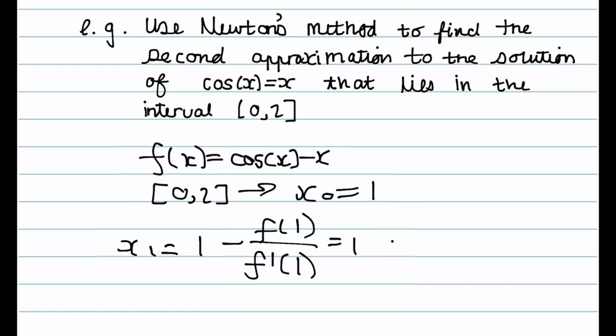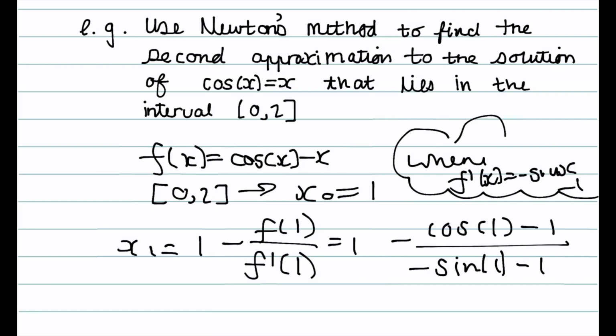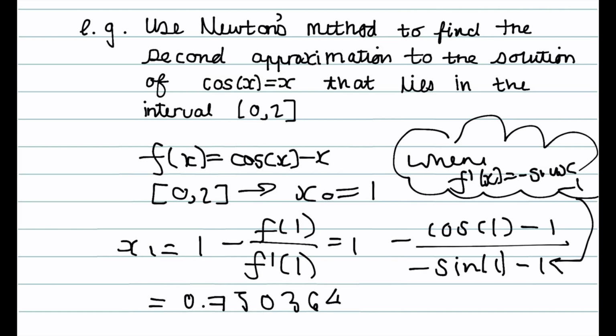This will be equal to 1 minus (cos 1 minus 1) all over (minus sin 1 minus 1), where we've calculated f prime of x to be minus sin x minus 1. If we plug that into our calculator, we'll get something like 0.750364.